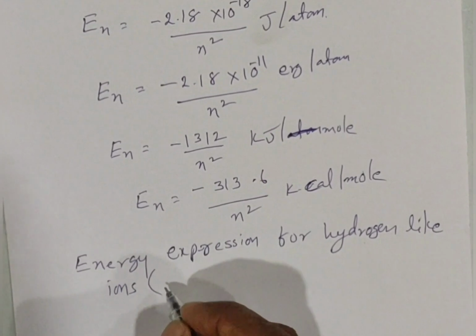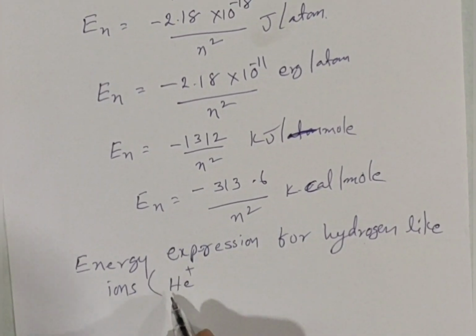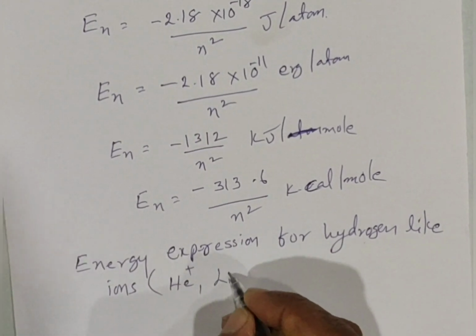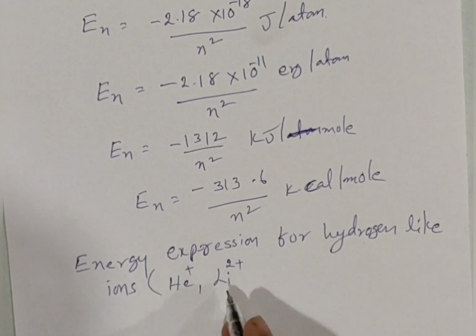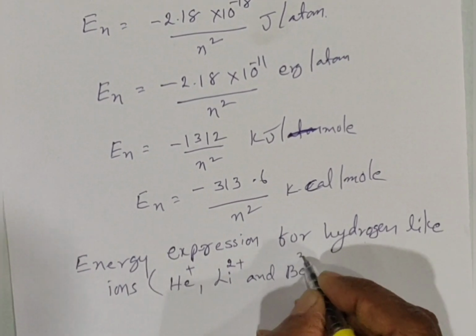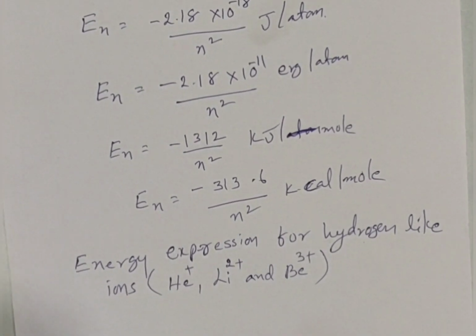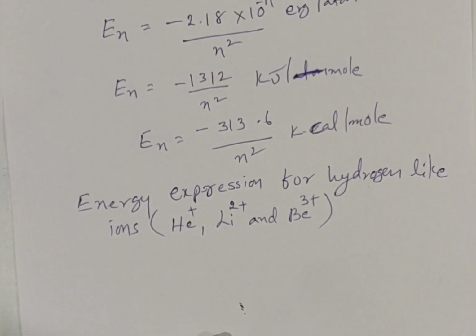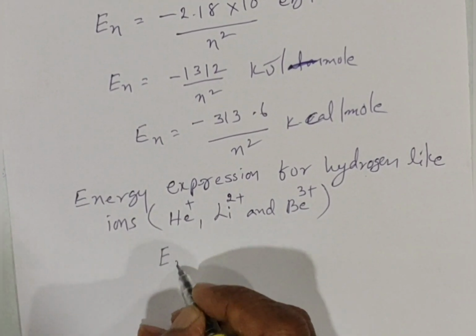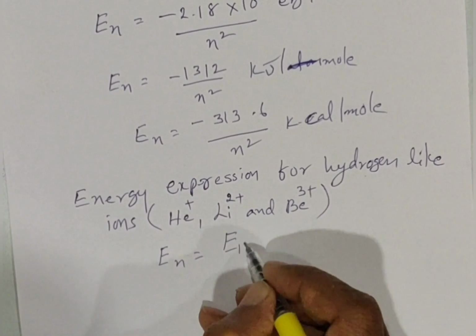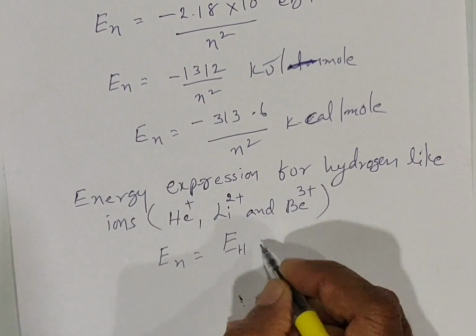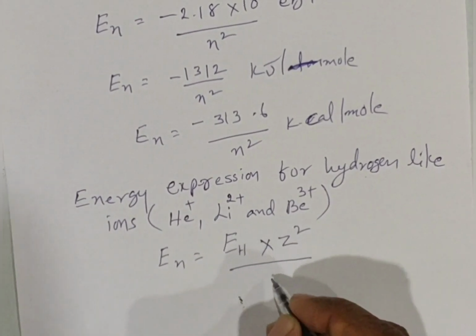Examples are helium plus, which has two electrons and loses one, so it has only one electron. Similarly, lithium 2 plus ion and beryllium 3 plus ion also have only one electron. So when they give these ions, we use the general mathematical expression En is equal to EH, the energy of orbit of hydrogen atom, into Z square by N square.